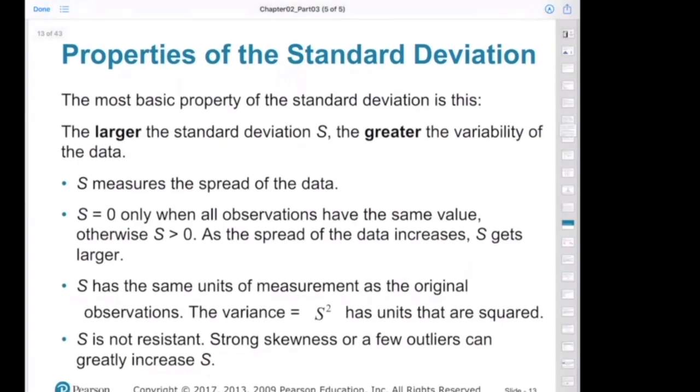So we have, of course, some properties for this measure of variation. The first one, and we already know it: the larger the standard deviation, the greater the variability of the data. It's a very important one. Of course, S measures the spread of the data. If S is equal to 0, what does that mean?